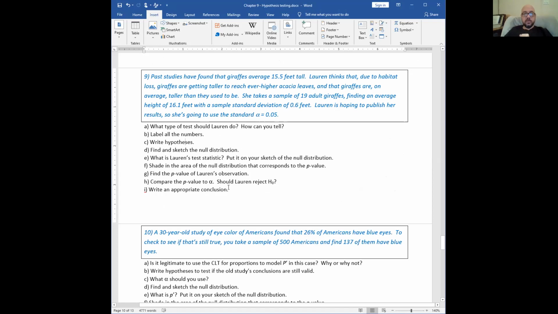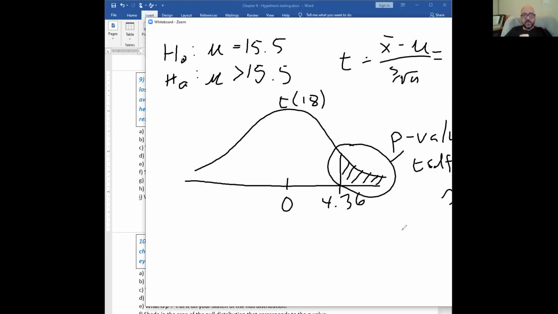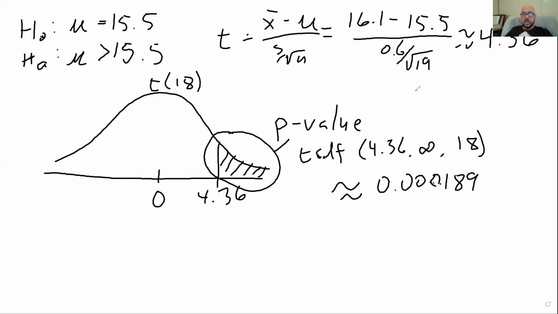And write an appropriate conclusion. So Lauren's sample suggests that giraffes are taller than 15.5 feet.